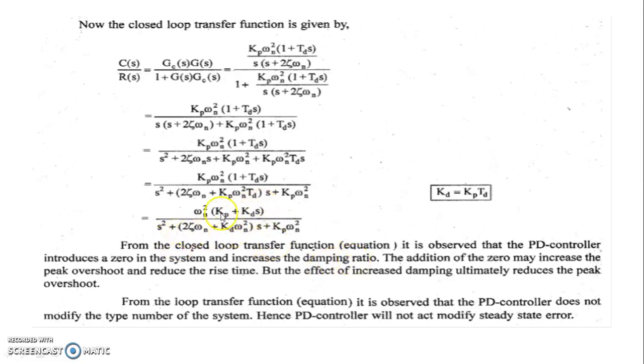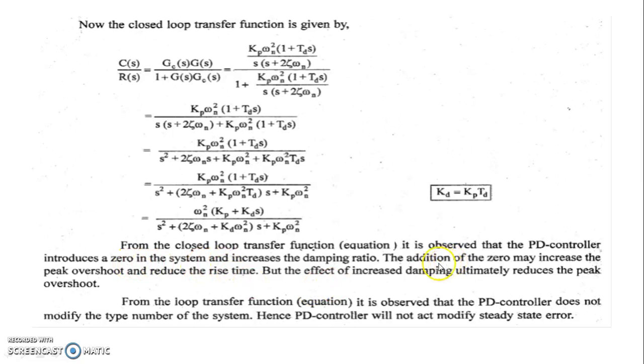From the second order system, you know how to find the damping ratio, by comparing with the standard second order transfer function, omega n square by s square plus 2 zeta omega n s plus omega n square. When you compare with this, you can find the value of zeta, that is the damping. That value also increases here, and it introduces a zero in the system.